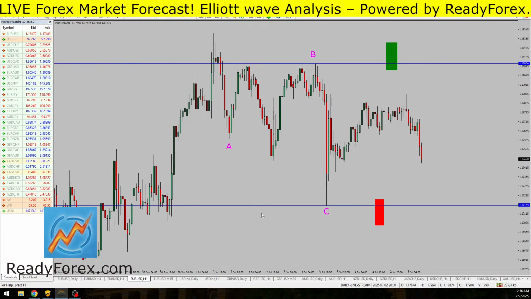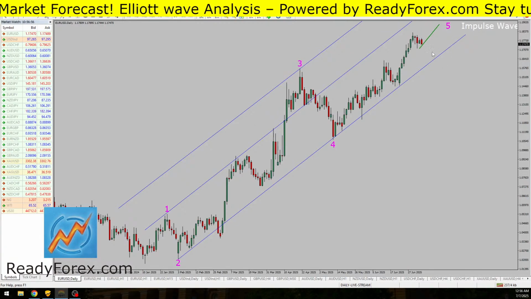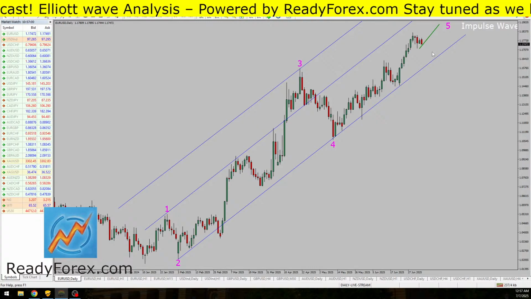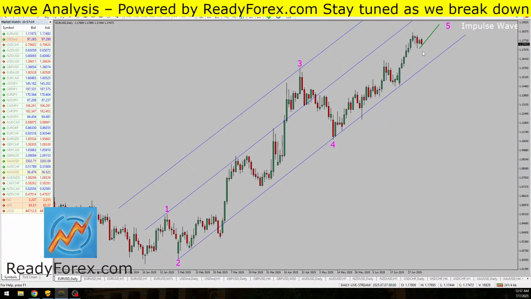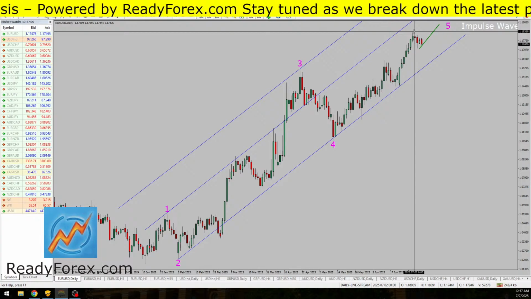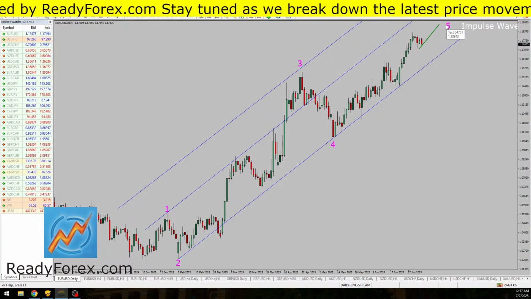Let's start the analysis. So regarding the euro dollar daily time frame, let's start with EURUSD daily. At this point in time, it seems to me euro dollar currency pair has printed a short-term top over here. Maybe the wave 5 looks complete.